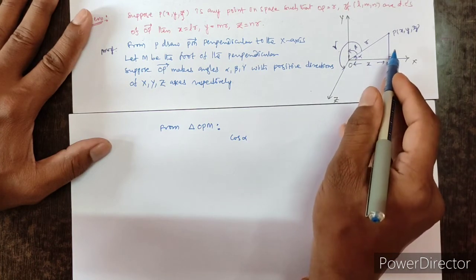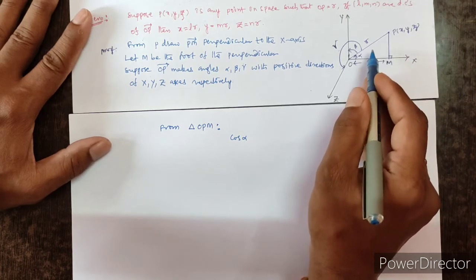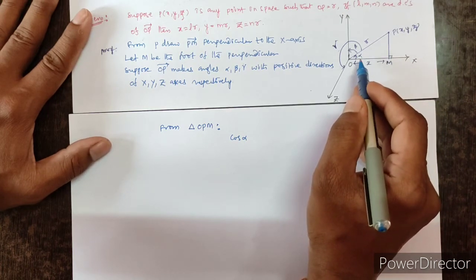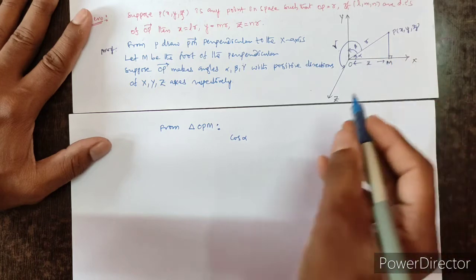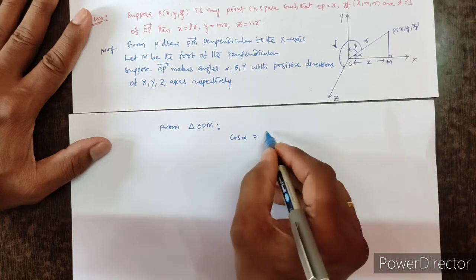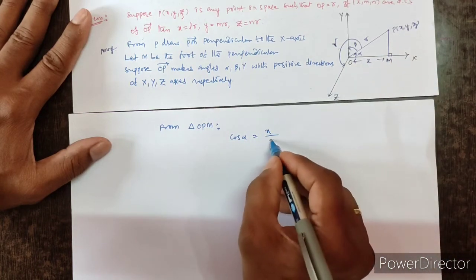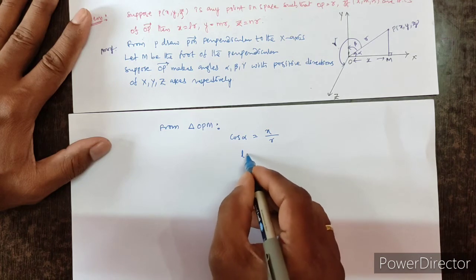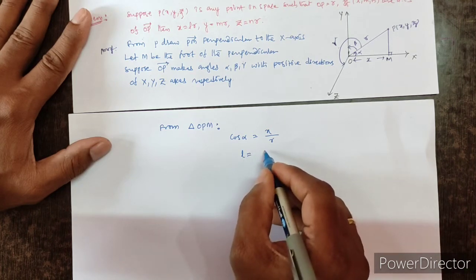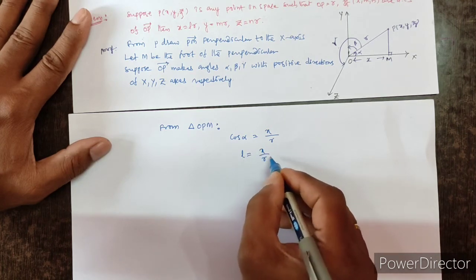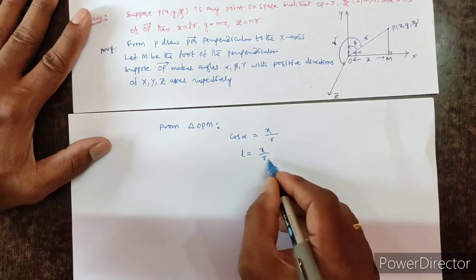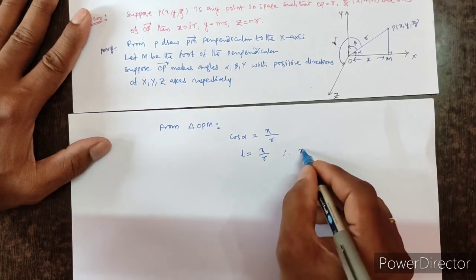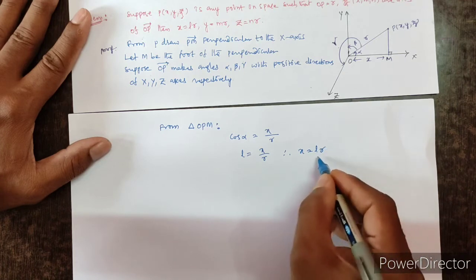Adjacent side by what? Hypotenuse. That is x by r. Already we know cos alpha is the direction cosine we denoted with L. So L equals x by r. Therefore x equals Lr.